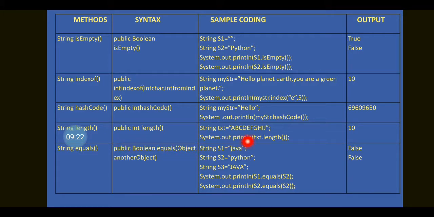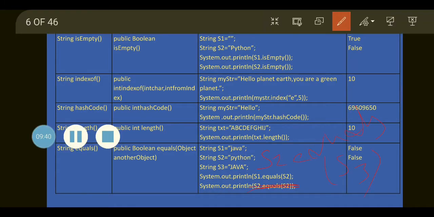And equals() is the method to check whether the two string objects are equal or not. Here s1.equals(s2), Java equals Python, it will return false because they are not equal. And in the next one, s2.equals(s3), again it will also return false.